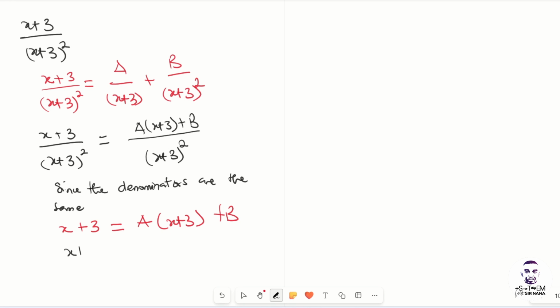So we have x plus 3 to be equal to A multiplying x to be Ax, plus A multiplying 3 will be 3A, plus B.